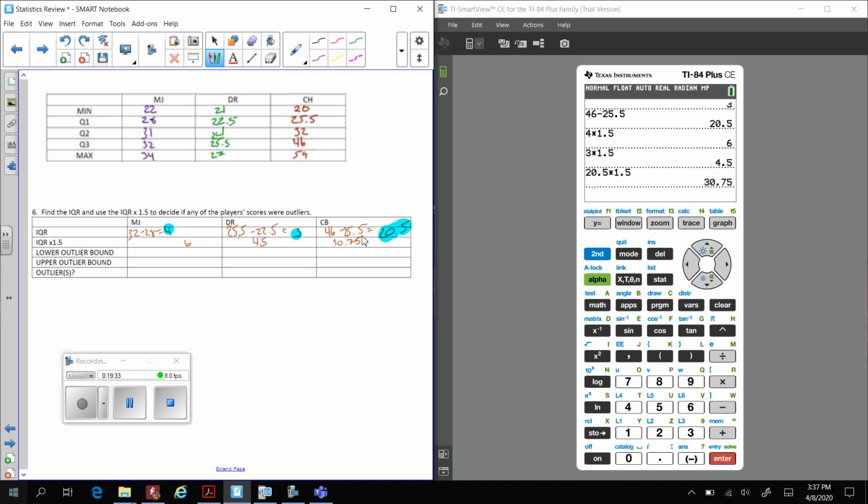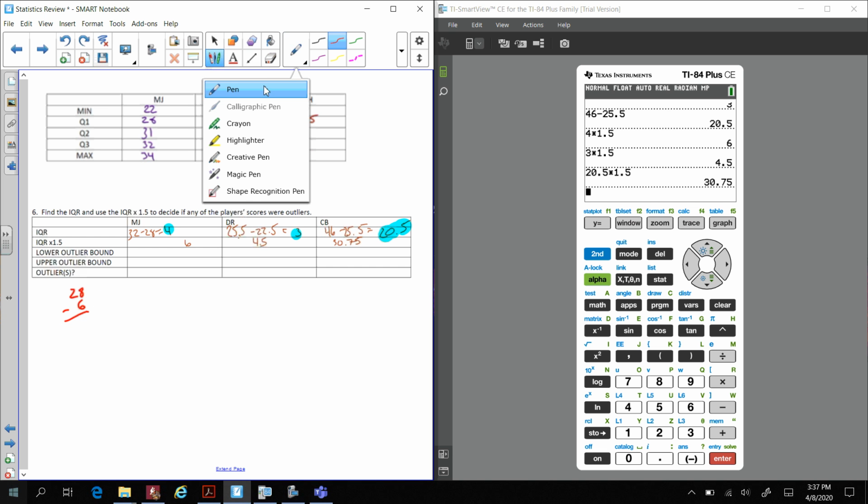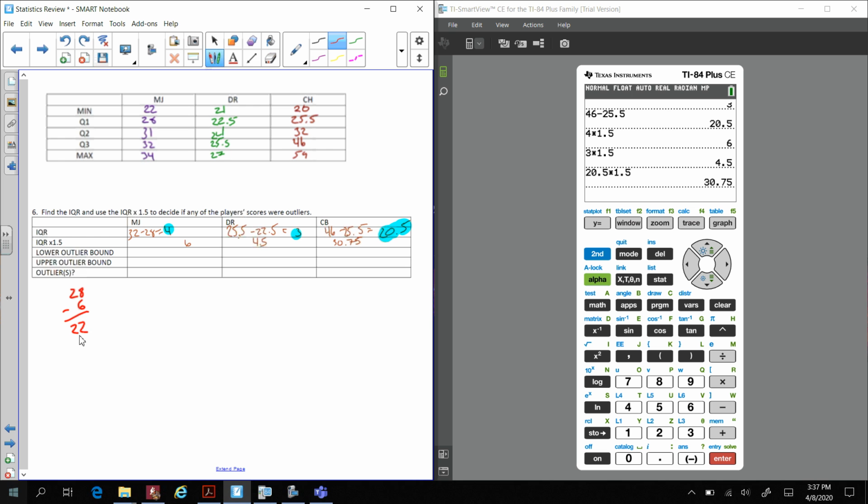All right, so using that information to find the lower boundary, you're going to do this work in red. The lower boundary, take Q1, and I am going to subtract that number. So any points that are below 22 will be considered an outlier. Same thing here with David Robinson.